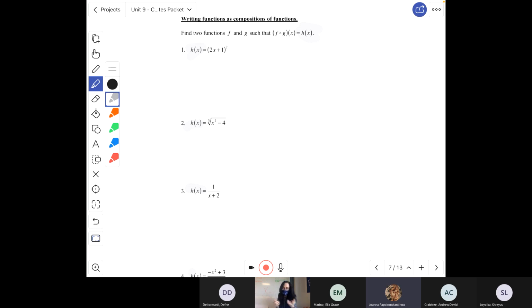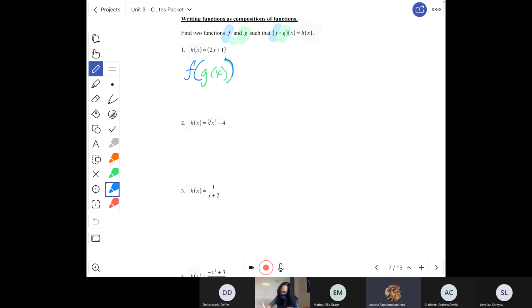You see it or you don't. You may have to play with it a little bit. But if I'm looking for f composed with g, I know I'm feeding g into f, right? So this is f of g of x.